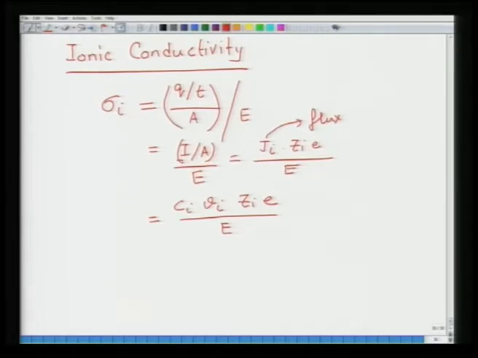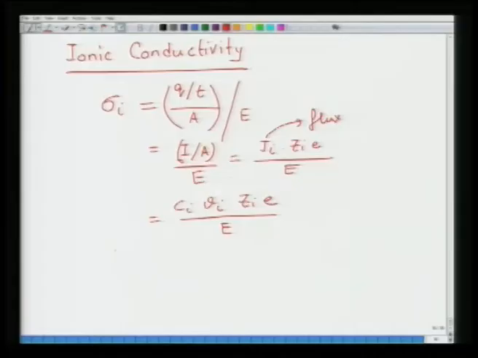Now again, for ionic systems we can use the Nernst-Einstein equation, and from this equation we saw that earlier mu I was equal to Z I e D I divided by k T. So that is why sigma I becomes equal to C I.